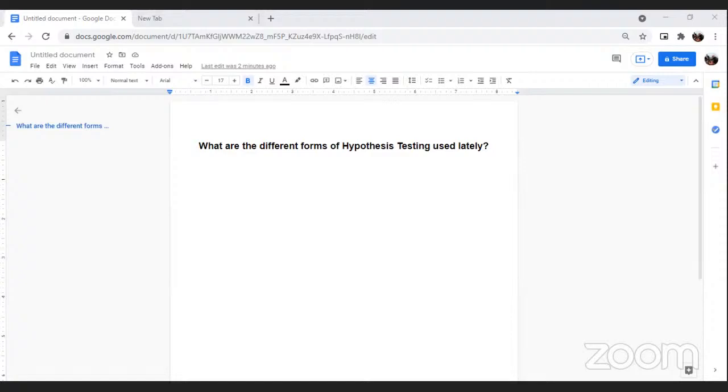All right. So I meant different forms of hypothesis testing, which are ANOVA, t-test and chi-square test. Few others are also available, but these are popular hypothesis testing used lately, right?